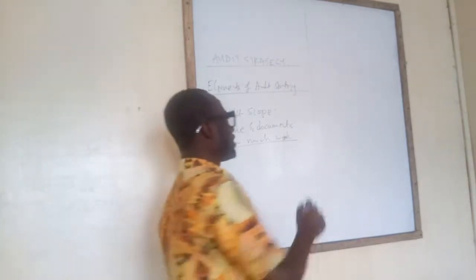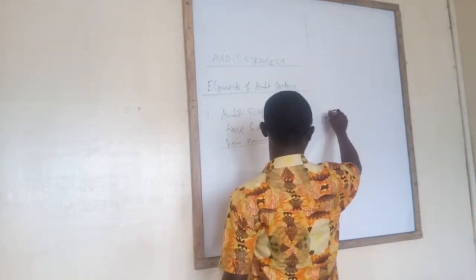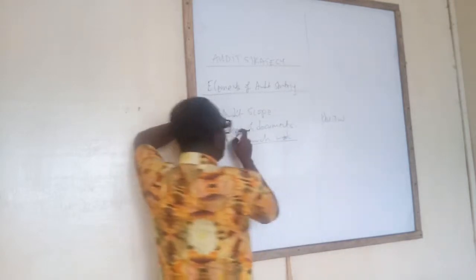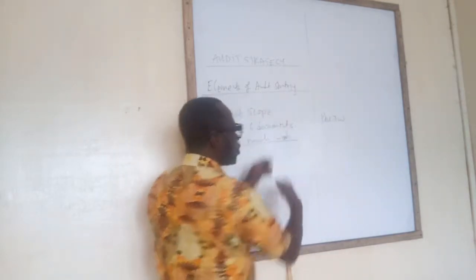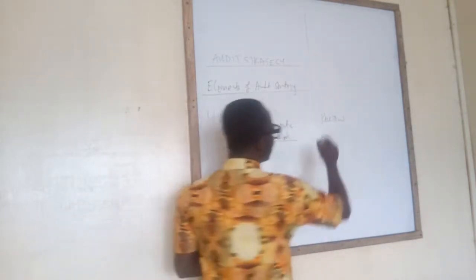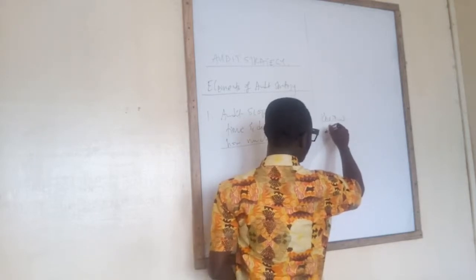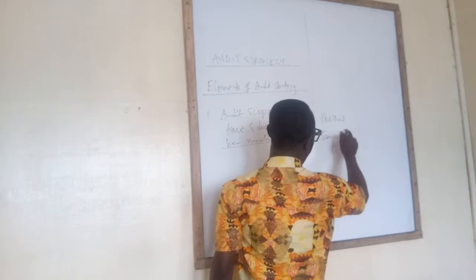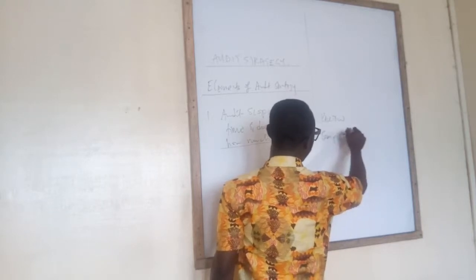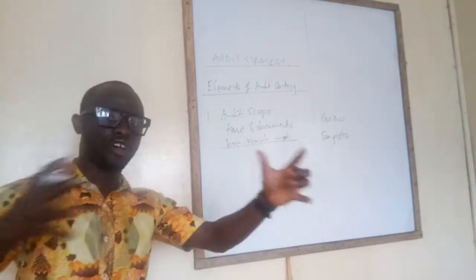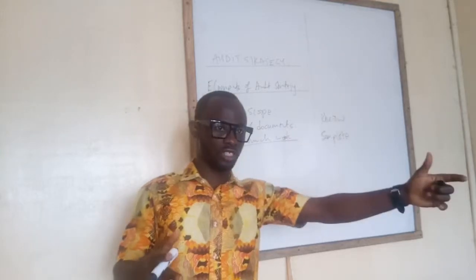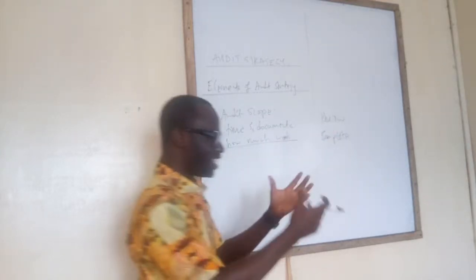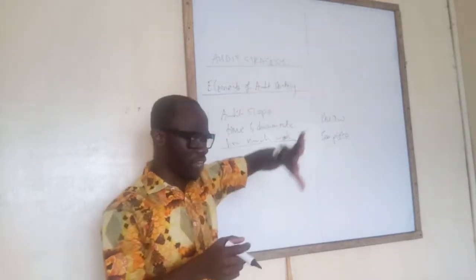So when it is a review engagement, then the timing and then the documents will be less. But if it is a full audit, a final audit that we are undertaking, a complete audit, then the time and the documents are going to be much. So with review, maybe we are reviewing prospective financial statements.